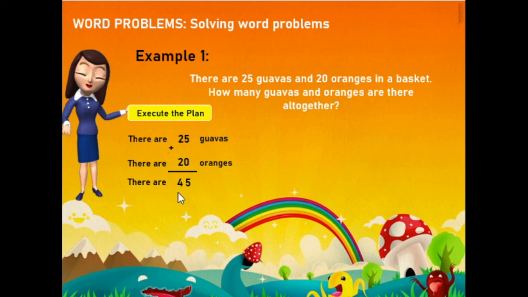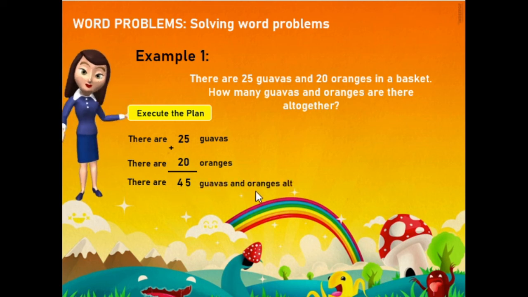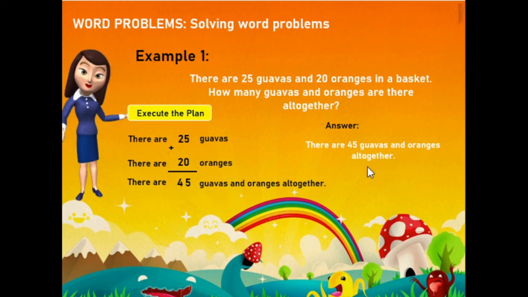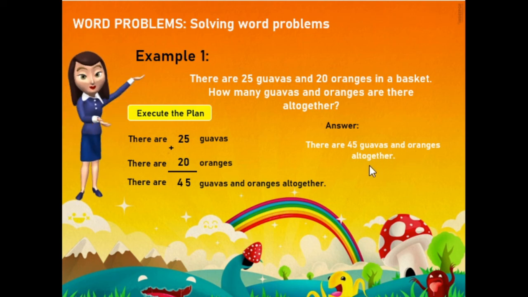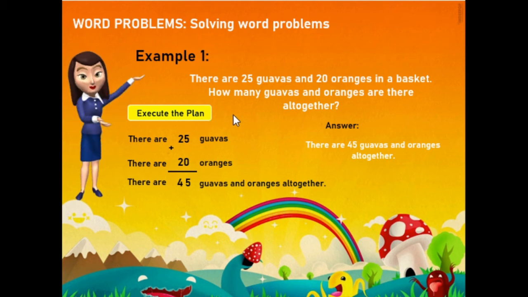There are 45 guavas and oranges. Answer: there are 45 guavas and oranges all together. This is what we mean by execute the plan. Simple word, solve. That is our third step.